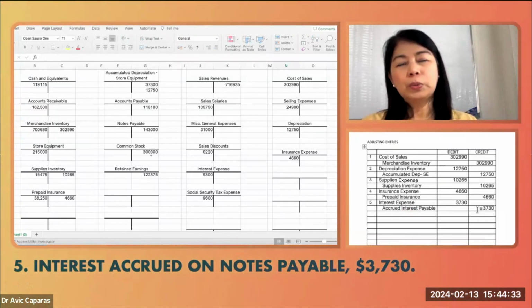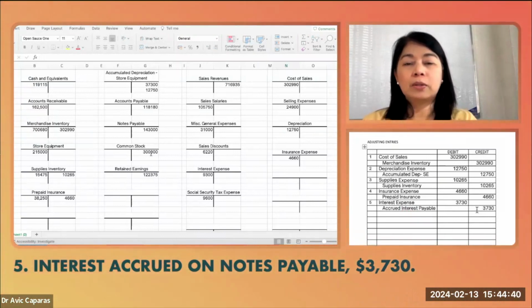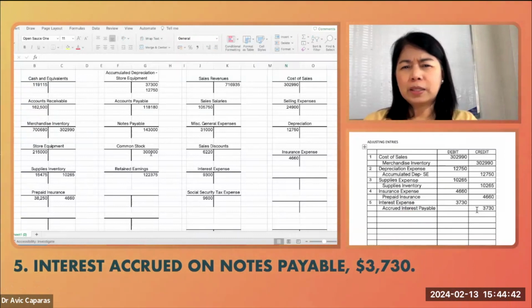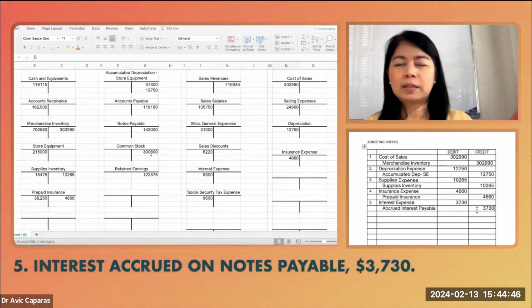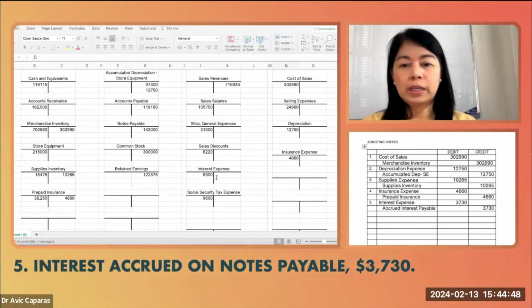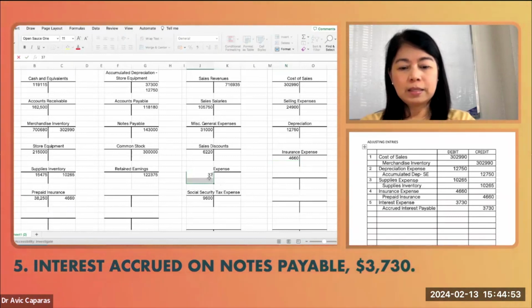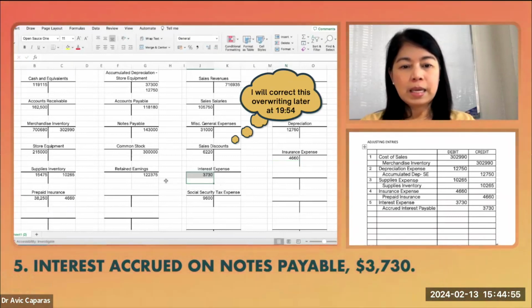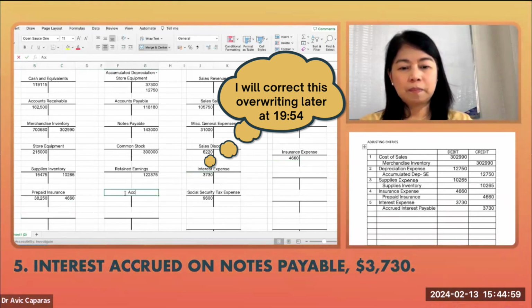So accrued, when you hear it, you will think they're accruing it, meaning they're really just getting all of the expenses and they will still have to pay it. Okay, so now let's record it. Interest expense is 3,730, and then there's no accrued interest payable. Let's put it here.